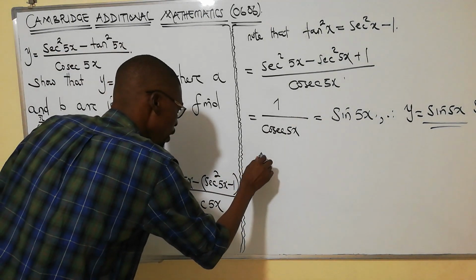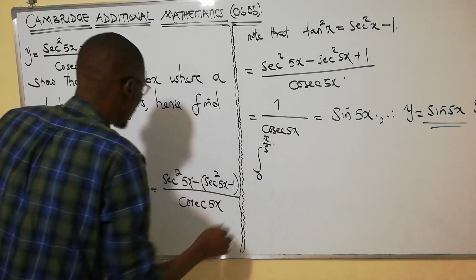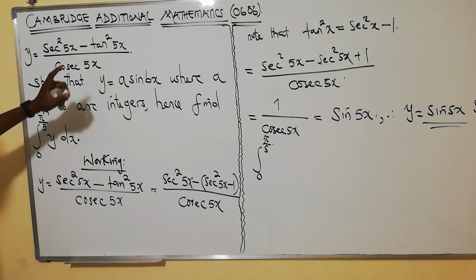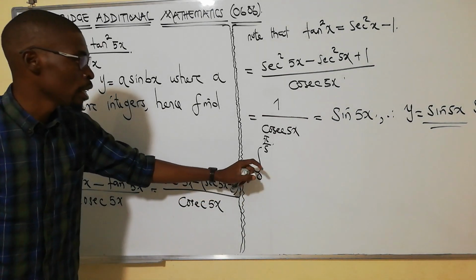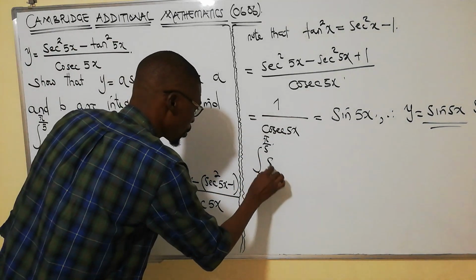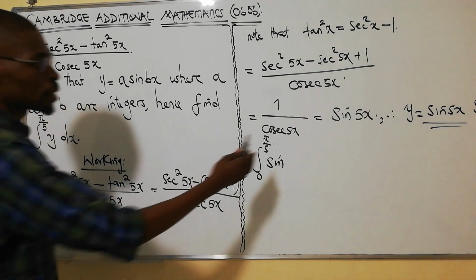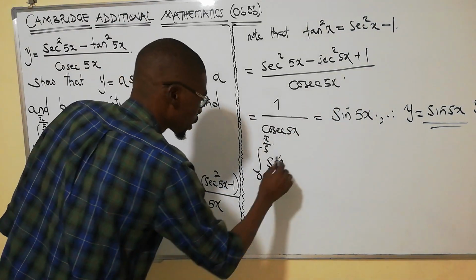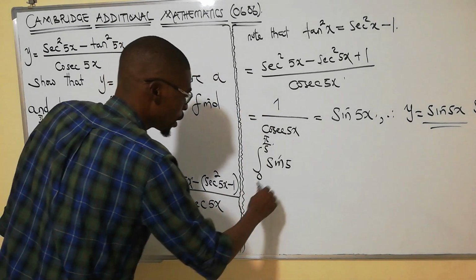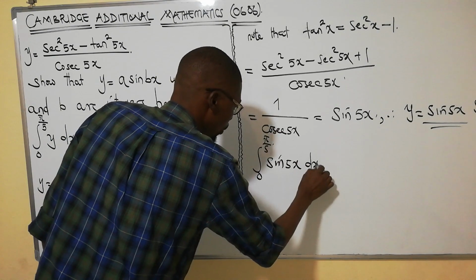The integral from 0 to pi over 5, instead of putting y to be this complicated function, where there is y we will put sine 5x, because we have shown that the identity of this function is basically sine 5x. So we have the integral from 0 to pi over 5 of sine 5x with respect to x.